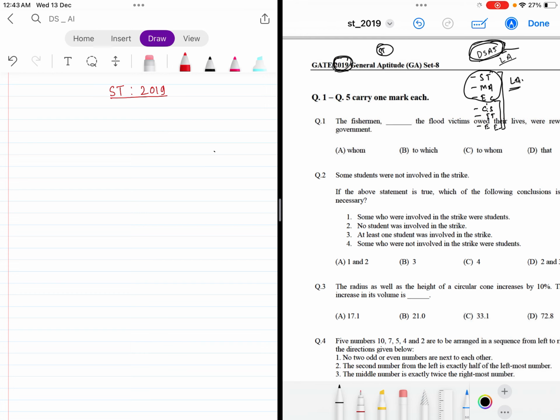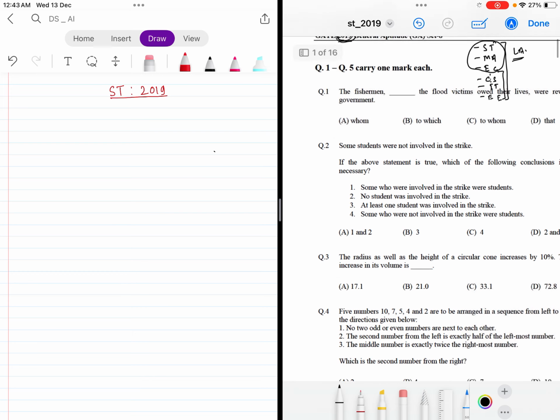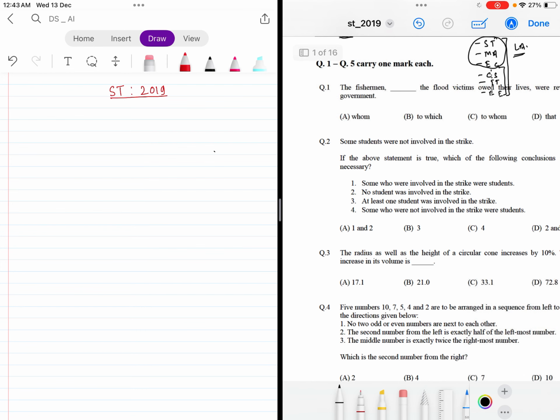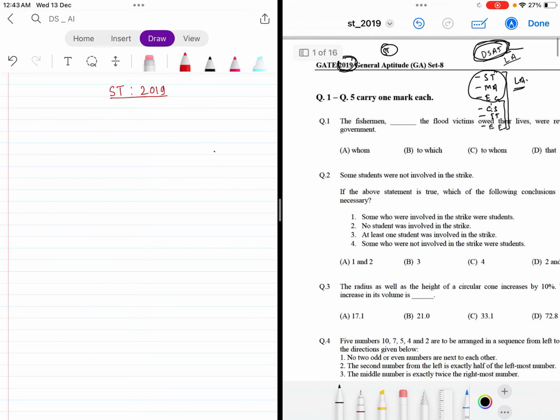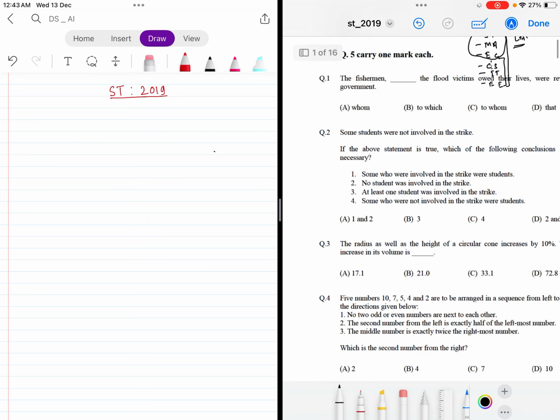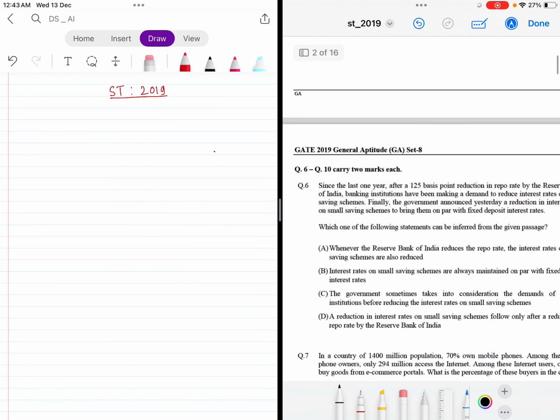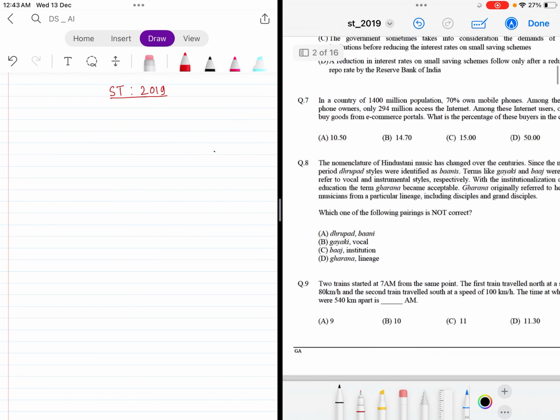So we are going to ignore that kind of question, because we cannot cover a lot of concepts and also our main focus is on this paper. So we will select those questions only.